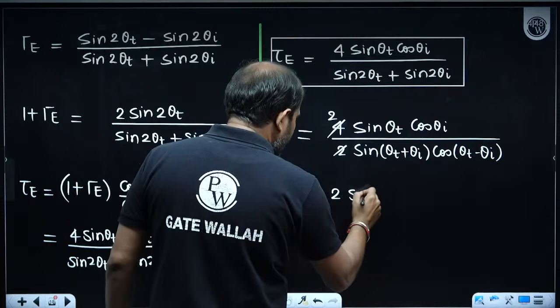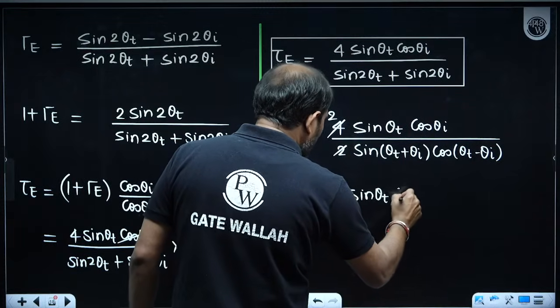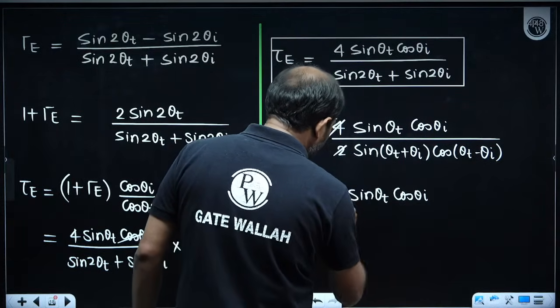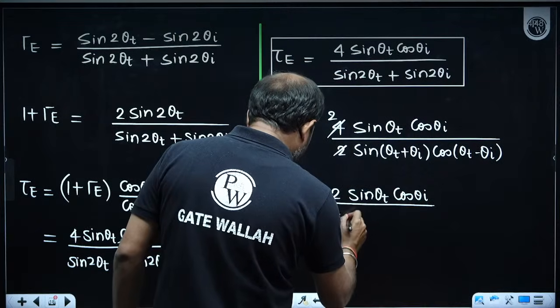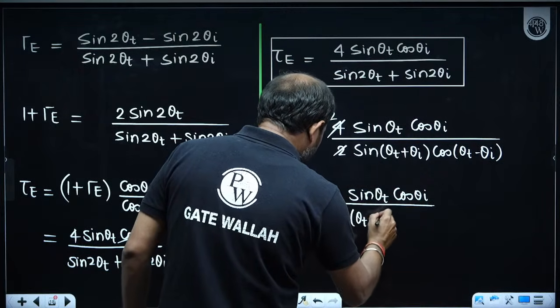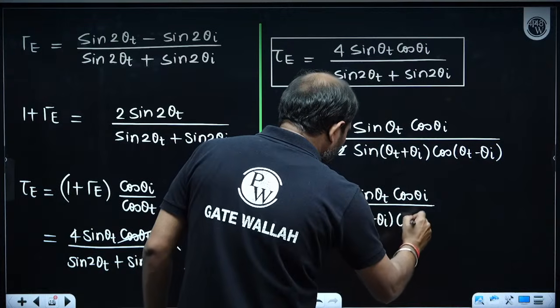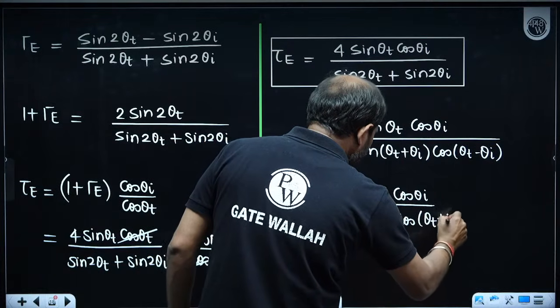So 2 sin theta t cos theta I, sin theta t plus theta I and cos theta t plus theta I.